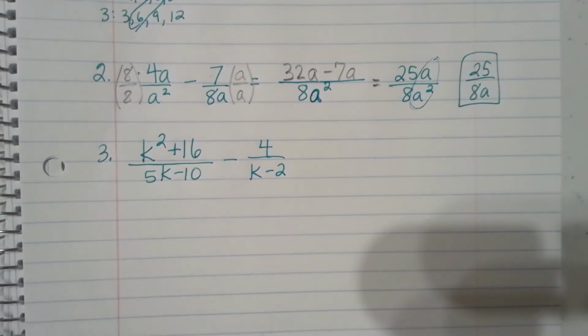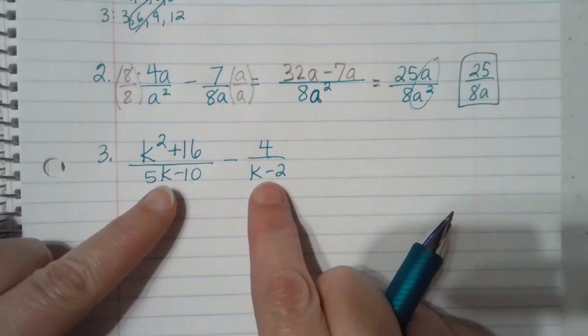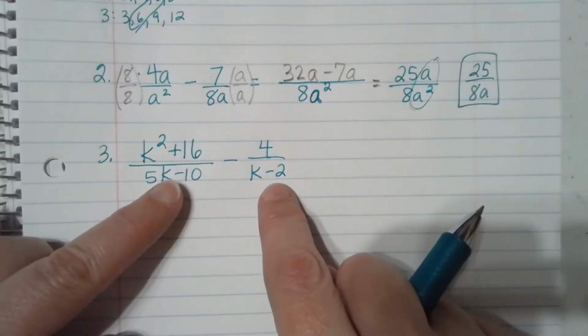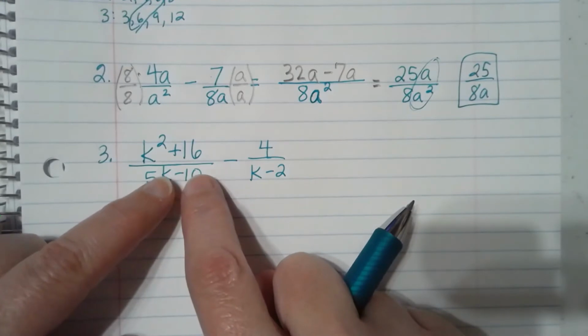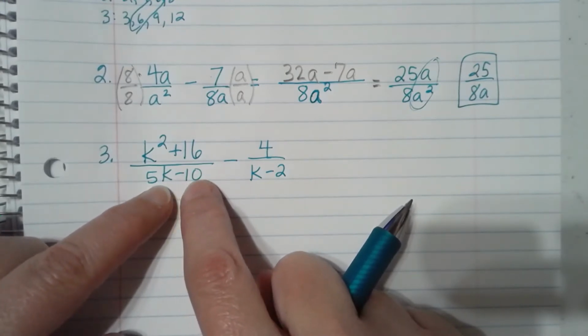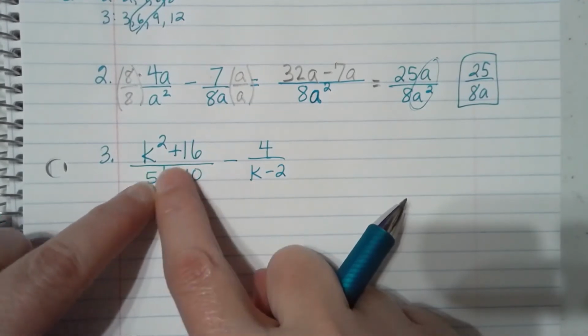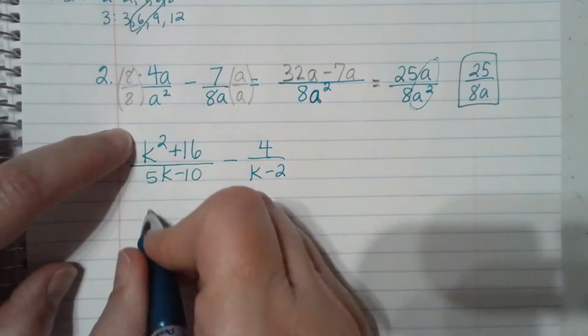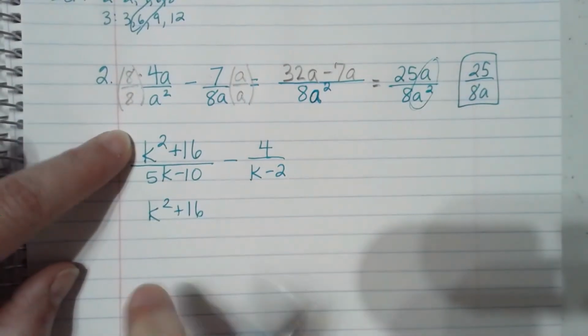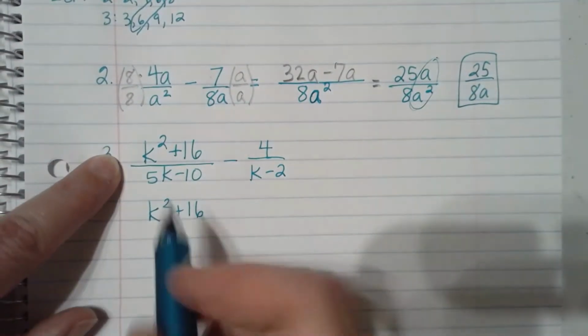If you cannot automatically see the same terms here, we're going to need to simplify this. Like this 5k minus 10, those 5 and 10 can both be divided by 5. So I'm going to simplify this. I'm going to bring the k squared plus 16 down. I'm not going to do anything with that.